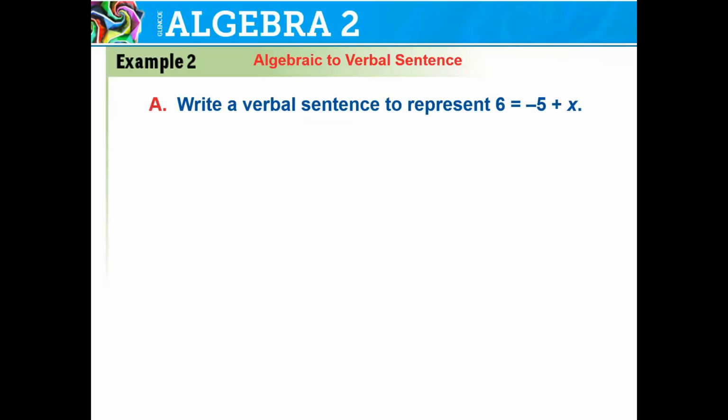Here we have algebraic to verbal sentence. They give us the algebraic equation, and we have to write a verbal sentence with that. So we have 6 is equal to -5 increased by a number.